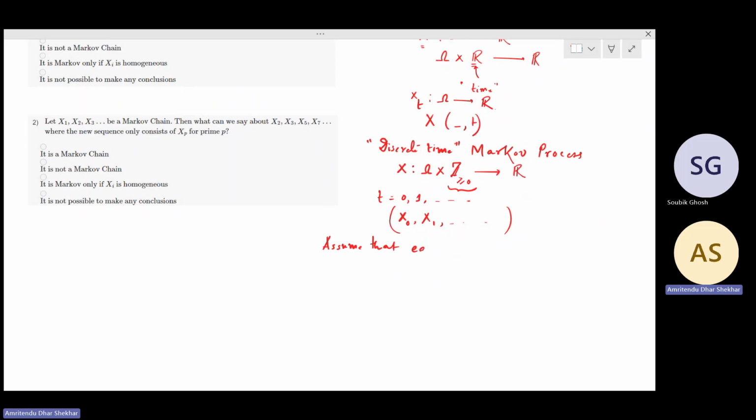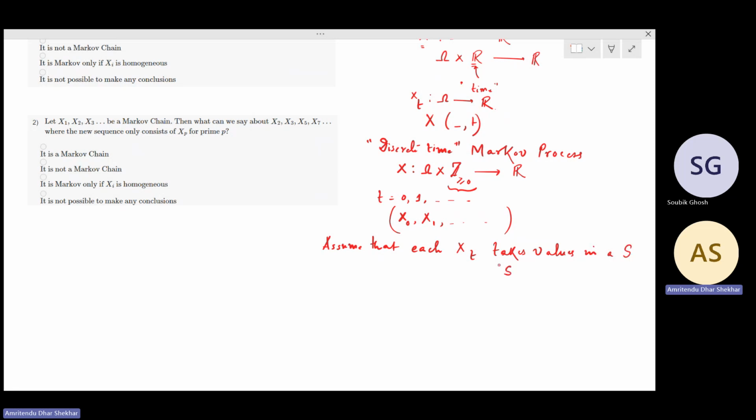Assume that each Xt takes values in a set S, where S is discrete.